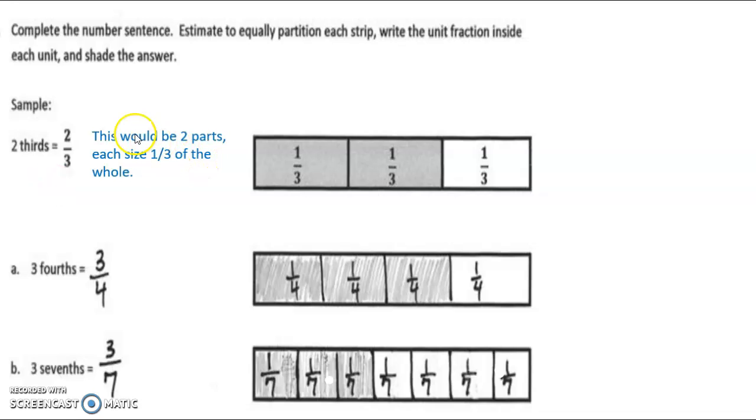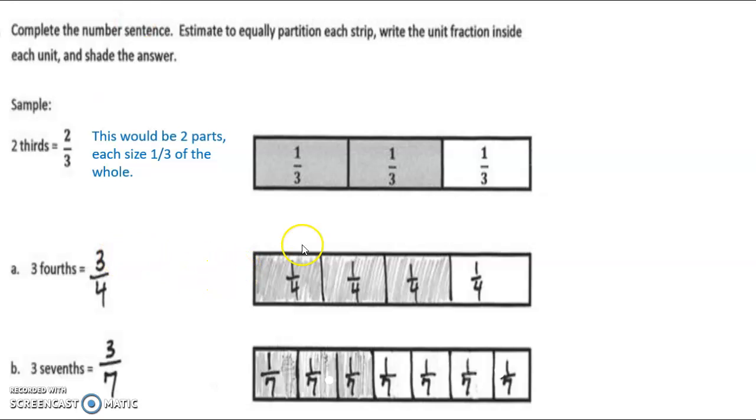Okay, so using our definition of a fraction, this would be 2 parts, each size 1/3 of the whole. So now we're going to try 3/4. So that means 3/4 is 3 parts, each size 1/4 of the whole.